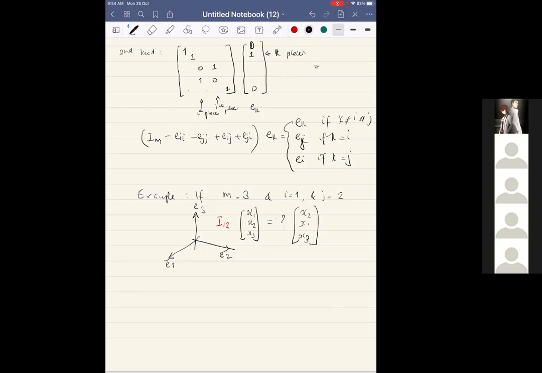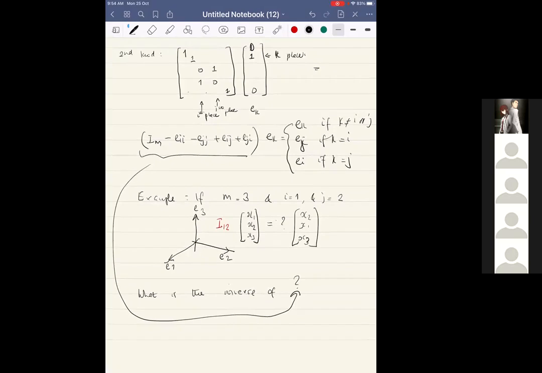So now from this description, I can ask you, what is the inverse? First of all, is it invertible? It is indeed invertible. That is pretty much clear. And in fact, we will see it simultaneously as answering this question. What is the inverse of this guy? Itself. So the claim is that the inverse of this matrix is itself. That is clear because if I act with this corresponding matrix twice, what will it do?